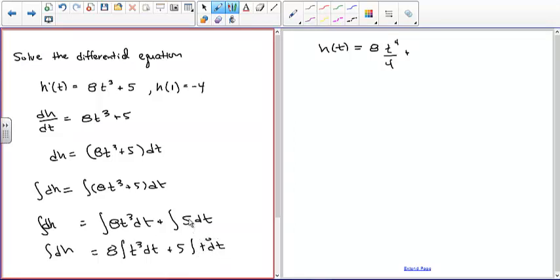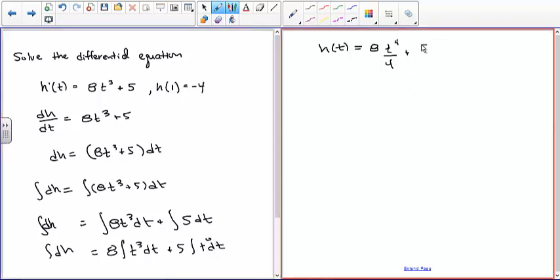What I've done is I took 5 outside of the integral sign, and then I had just 1 left, but I changed that to t to the 0. That's just a special case of t to some power. So you've got your constant, you add 1 to the exponent, you divide by the new exponent, and then you also add your arbitrary constant c at the end.